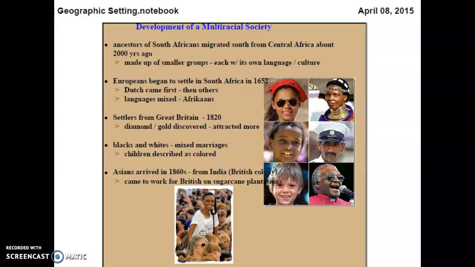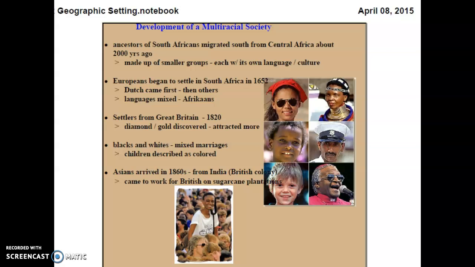So in about 1820, Great Britain arrived in Cape Colony, and most were farmers, and they eventually, around 1867, found that Africa was a rich source for diamond fields or diamond mines. They discovered these in the colonies.